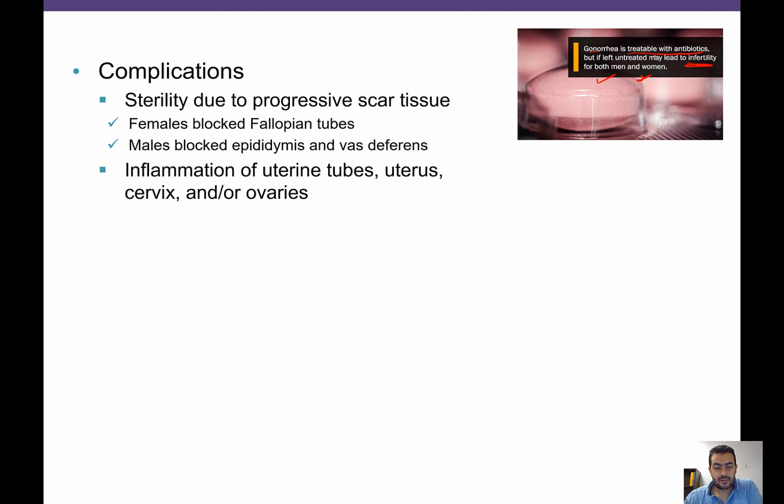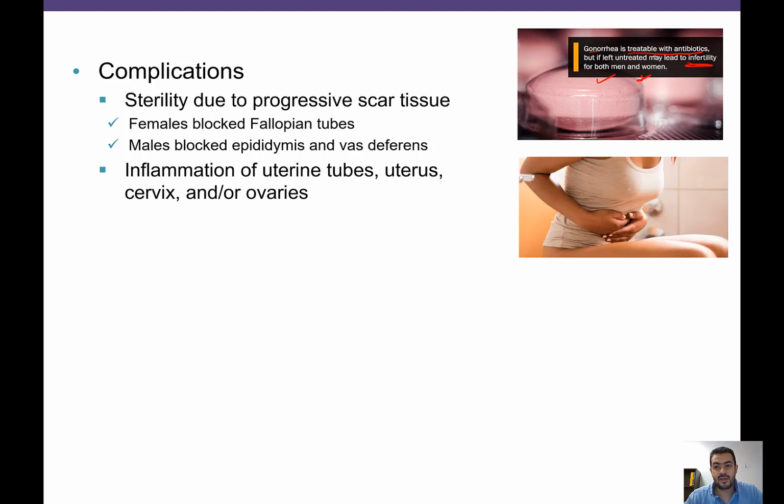In addition, it may lead to inflammation of different parts of the reproductive system, especially in females, like the uterine tubes, the uterus, the cervix, or the ovaries. It will result in severe pain due to severe inflammation of the different structures in the female reproductive system. That's why it is called pelvic inflammatory disease.